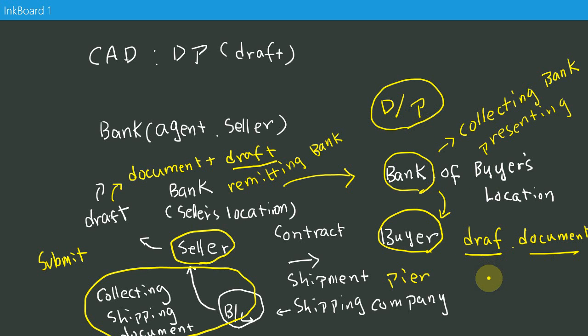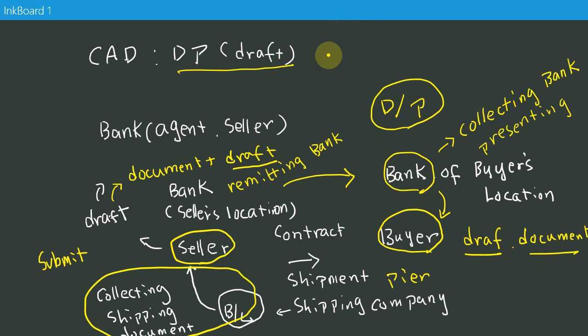I received the document and draft from whom? From the sellers here, and please receive the correct document and give us money. Once the buyer pays money, then the bank collects and we send this to the seller's bank and the seller will get paid. This process we call DP.